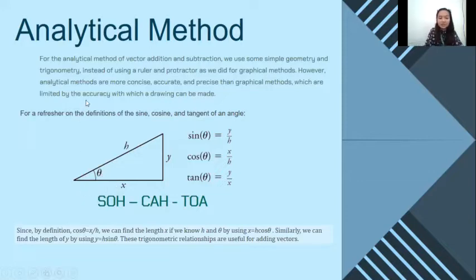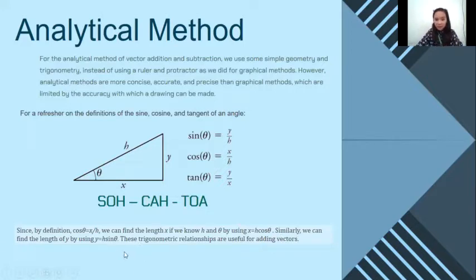Since by definition cosine theta is equivalent to x over h, we can find the length of x by using x is equal to h cosine theta. You just simply transpose: multiply both sides by h so that h cancels on one side, and then x will be equivalent to h cosine theta.